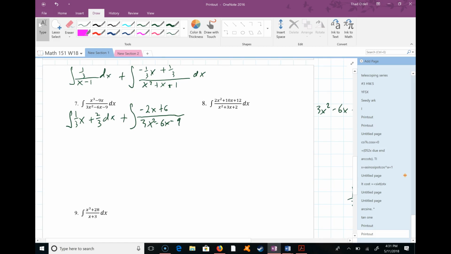This one, we're probably going to have to use partial fractions, so we'll want to factor that.